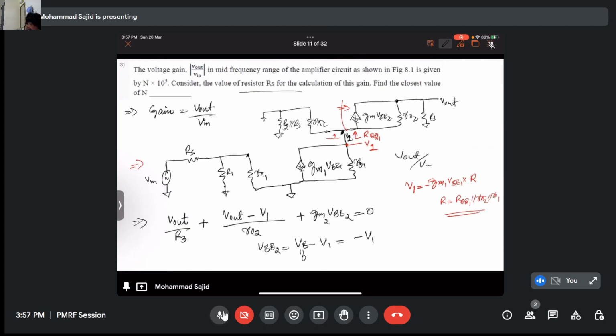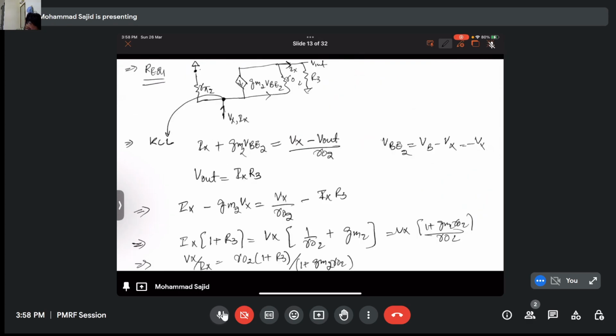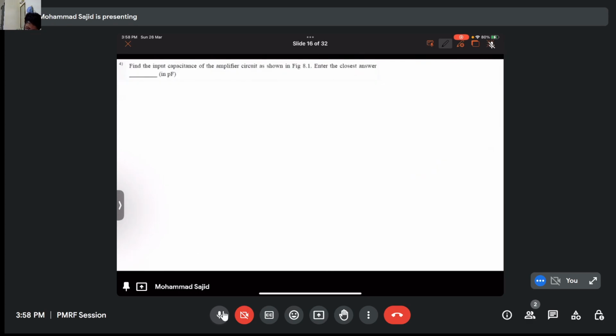Was there anything else in this? Okay. Next is finding the capacitance. Just the part of the circuit. This is my input.